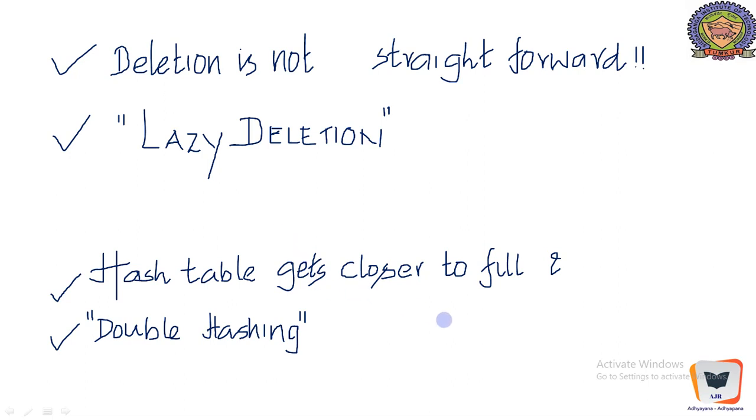So the hash table gets closer to full. This situation may occur, and this particular situation is also called clustering. The situation of the hash table coming to a close is called clustering.